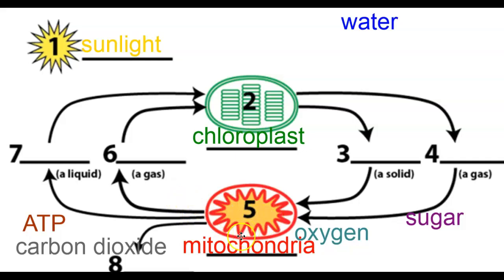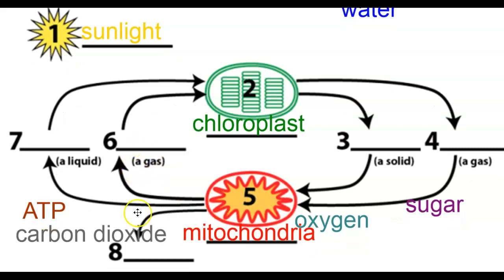Okay, so for the rest of this chart, we're going to be filling in the products and what's required on the lines. So let's think about what needs to go into a chloroplast. What goes into a chloroplast along with sunlight as it does photosynthesis? And we've got some clues. We've got liquid water going in.